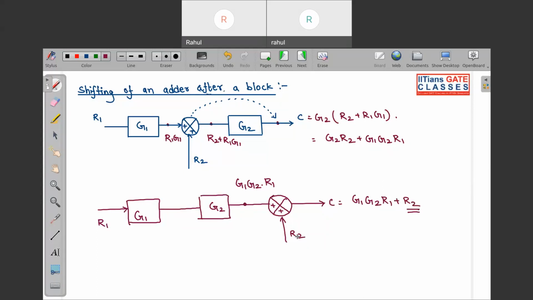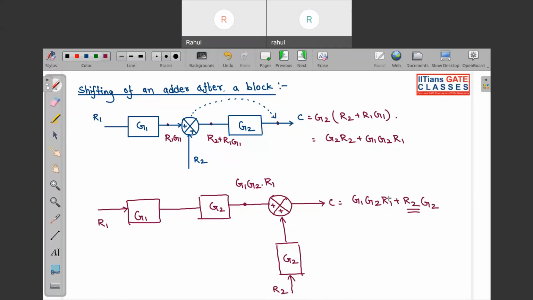So what you need to do, instead of giving R2 directly over here, you need to give it to a block whose gain is G2. So the input of this block will now be R2. If this is the case, then C equals G2 R2. Now again you can see you are getting the same result.